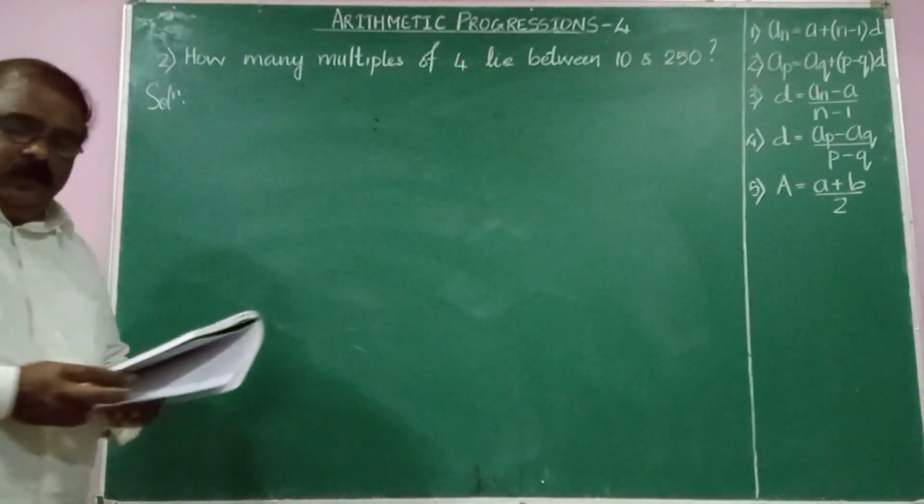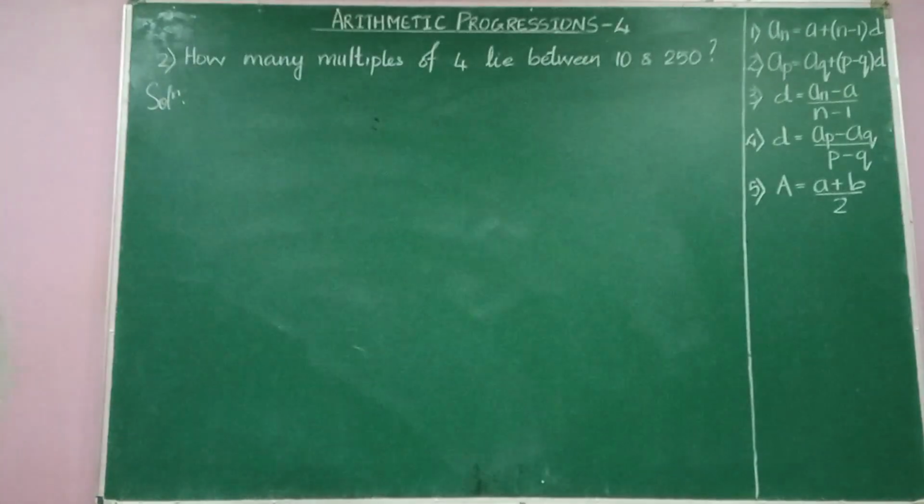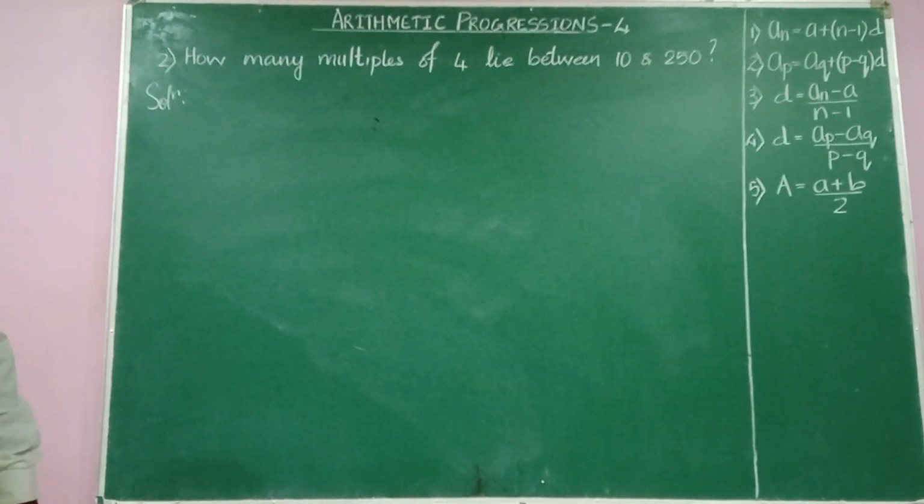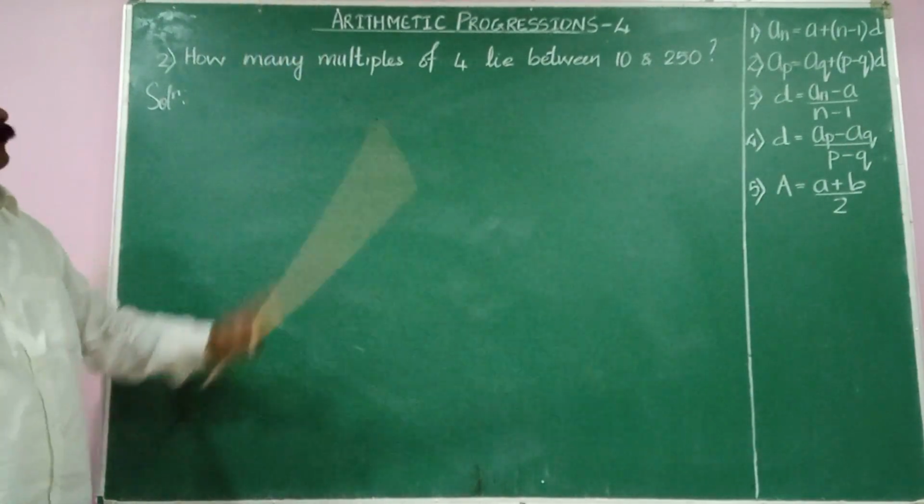What's my question now? How many multiples of 4 lie in between 10 and 250?